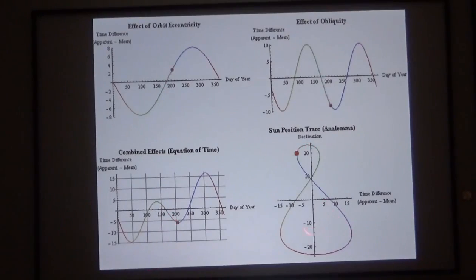And this effect, like I said, you can get from the sundial, marking a place in the ground all through the year to see where the end of that shadow of the stick is, or you can take a photograph of the sun at the same time every day in the sky, assuming there are no clouds at all, and then you can see how the sun moves all throughout the year. And this is where this Analemma comes from, as it's called, this figure of 8.